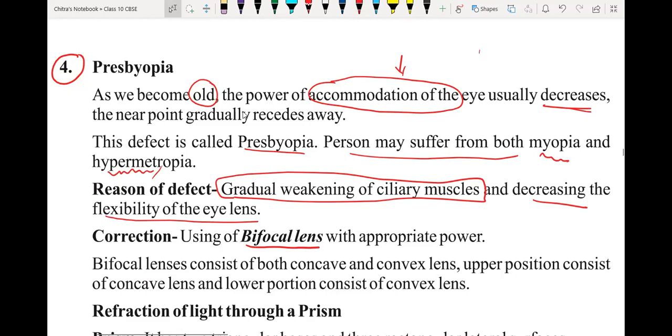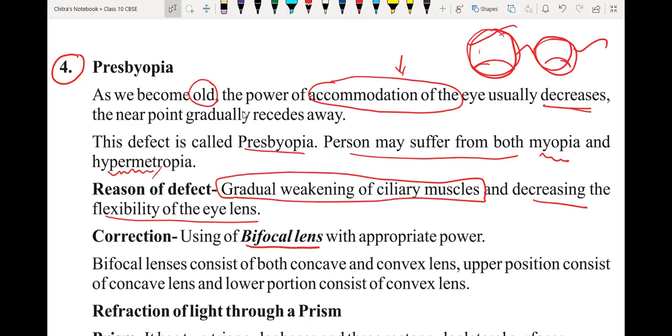Those lenses you have probably seen, like Mahatma Gandhi's spectacles. They have two lenses like this. Is it or not?